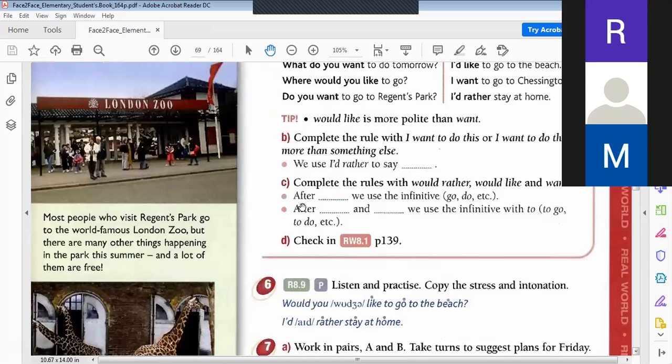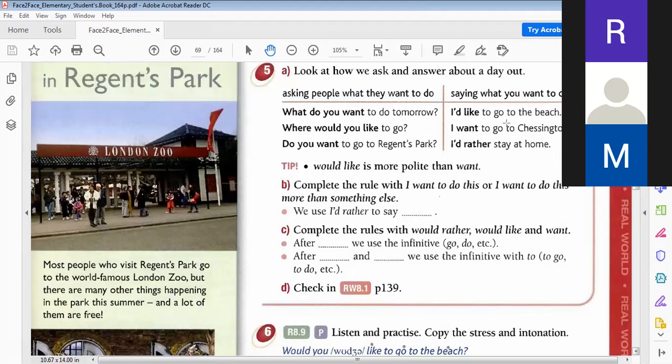Okay. Regarding the last topic, the difference between would rather and the other two. When you use would rather, we use the infinitive, the base verb, straight away. So I'd rather stay, I'd rather play, I'd rather eat, I'd rather go, I'd rather any verb. In the infinitive. But if you use would like or want, we must use to before it.